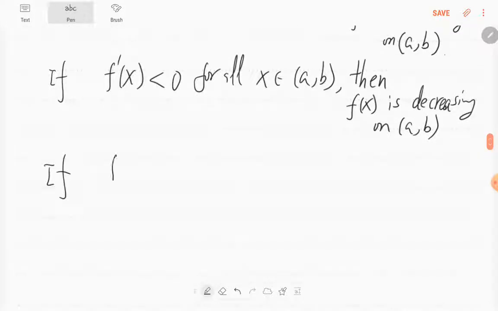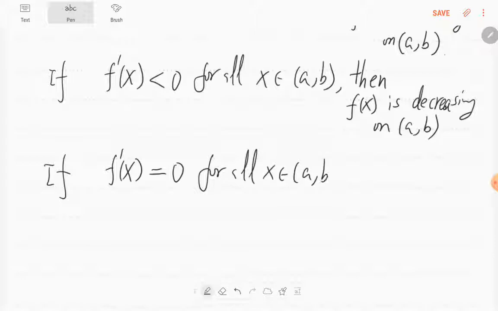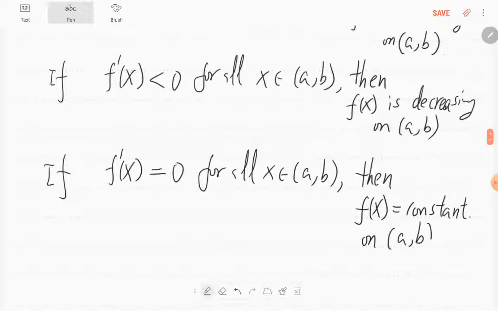If f prime of x equals 0 for all x in (a, b), do you remember the corollary of the mean value theorem? It says then f is a constant function on (a, b). Okay.